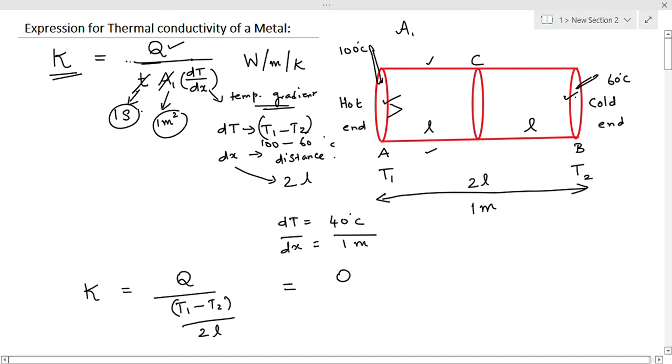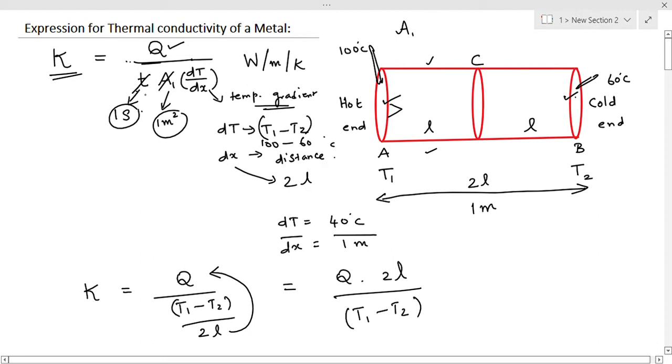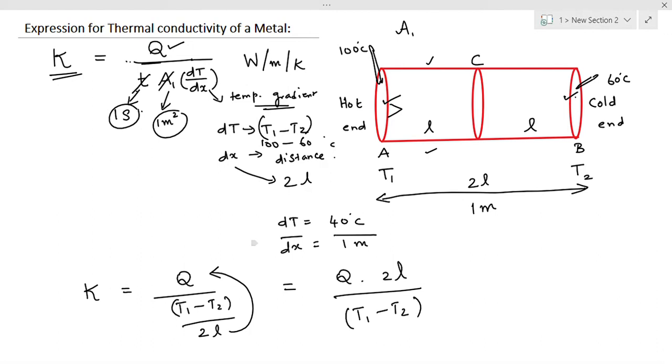Or Q into the denominator of the denominator is the numerator now. Q into 2L divided by T1 minus T2, the temperature difference. So it is the coefficient of thermal conductivity of this metal, the base equation. Now the energy is taken by the electrons.